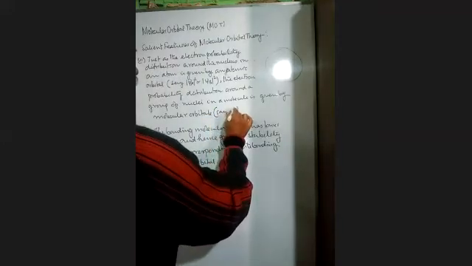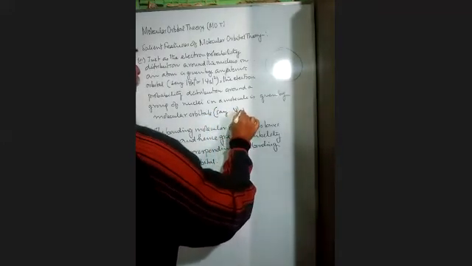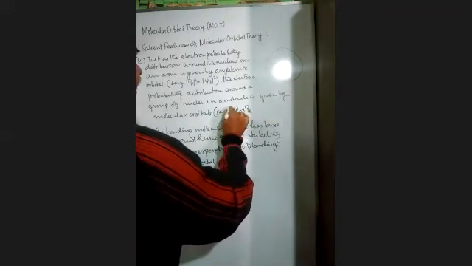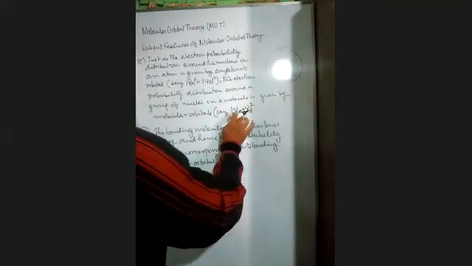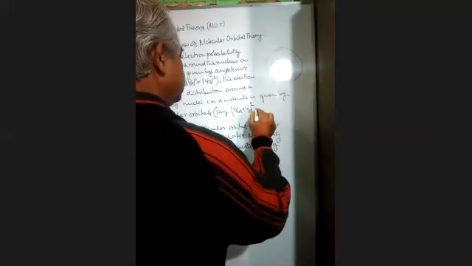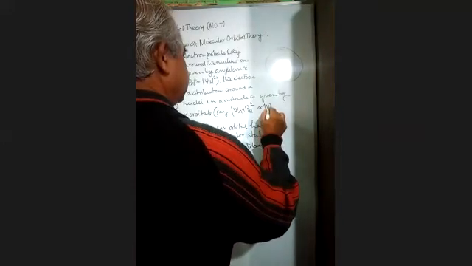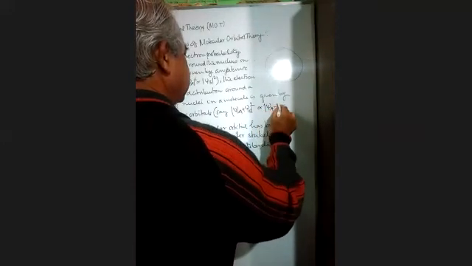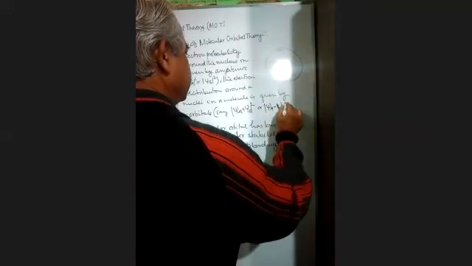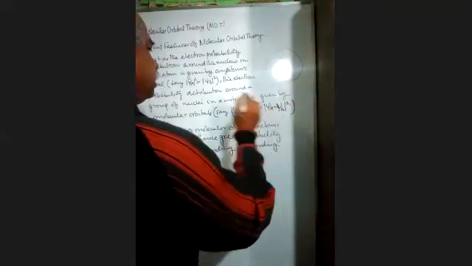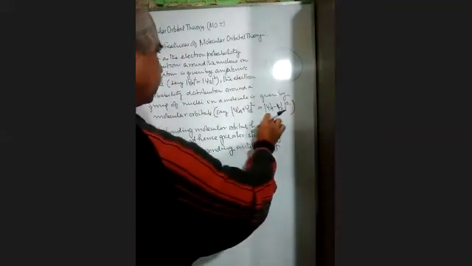Say psi A plus psi B square. This is bonding orbital, dear. Or psi A minus psi B square. This is anti-bonding. You can write below. Bonding, anti-bonding.